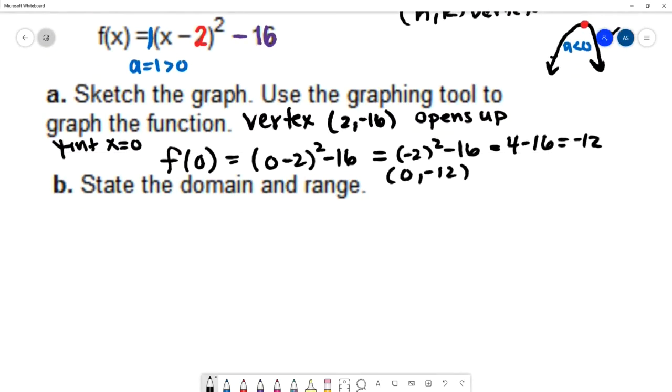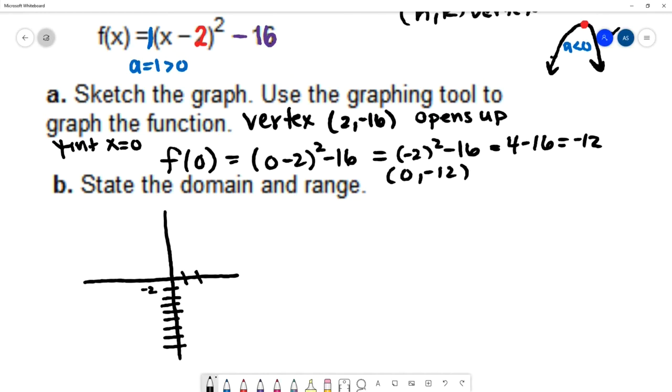So when we're drawing the graph, we want to plot that vertex. We have 2 and negative 16. So I'm going to go 16 down. And I'm going to go ahead and count by 2 since 16 is quite a lot.